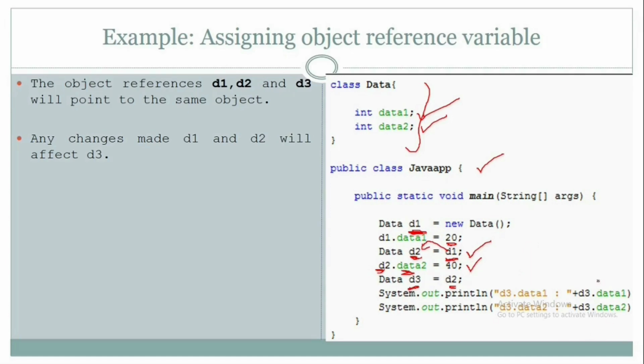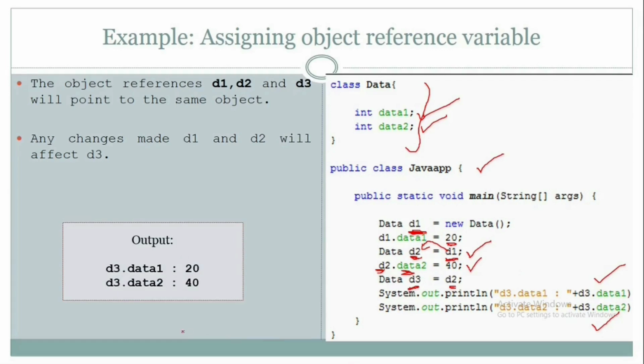So when I print the value of d3.data1 and d3.data2, the values I get are 20 and 40 itself. Even if I use d3 to print the values of data1 and data2, I will get the same values, that is 20 and 40. Holistically, d1, d2 and d3 are pointing towards 20 and 40, which means the values of data1 and data2 are 20 and 40.